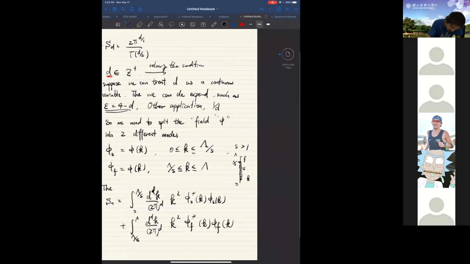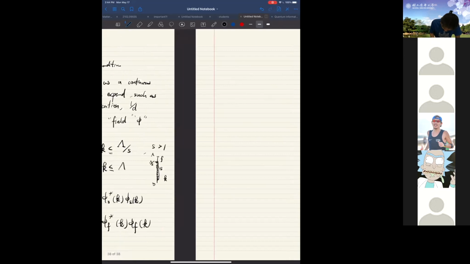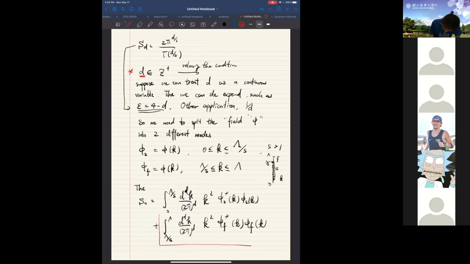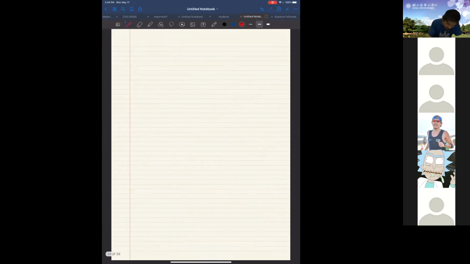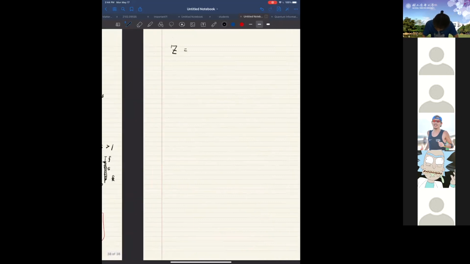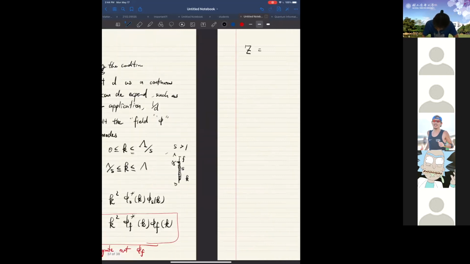Okay, so integrate out the fast mode. So we need to integrate out this part, right? Which is nothing but a number. As you know, this is nothing but a number, which is just like a partition function.